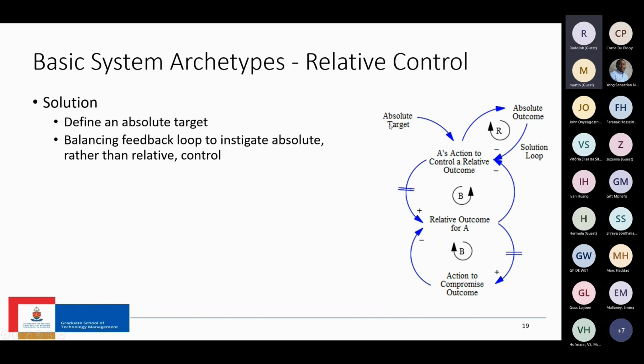You have something hard to stop it. The balancing loop, you need to instigate an absolute within it, rather than a relative control that you achieve at the bottom.